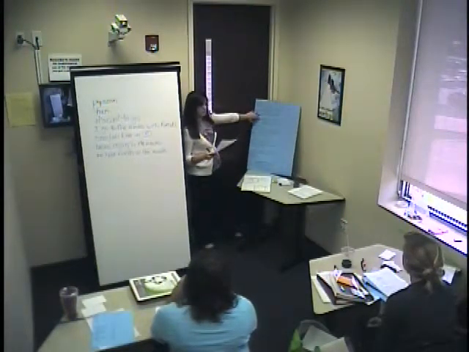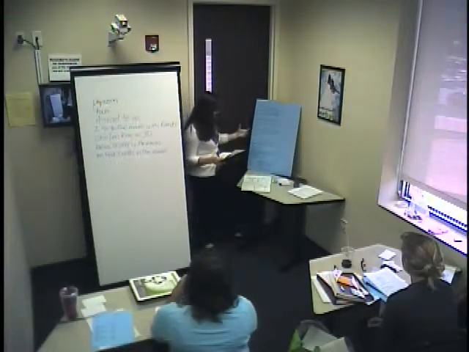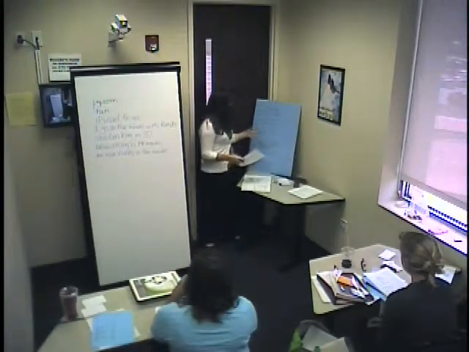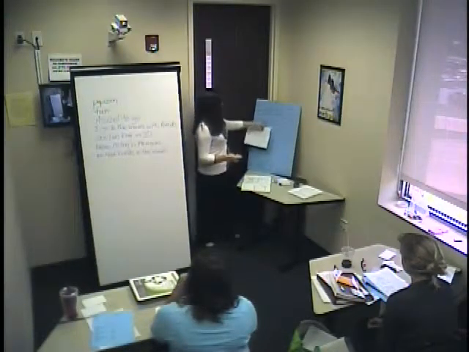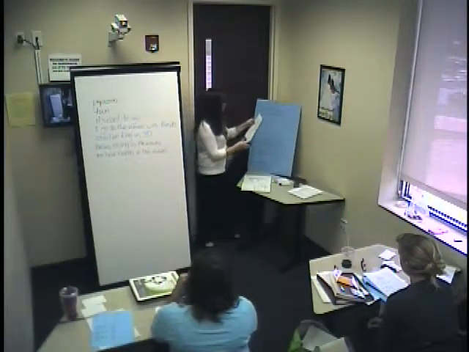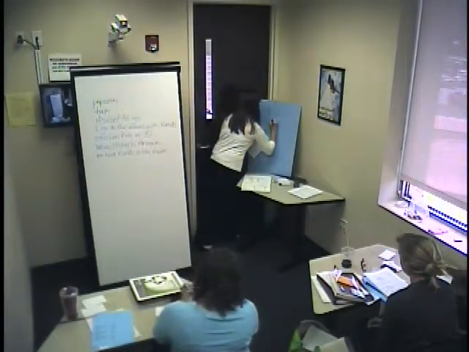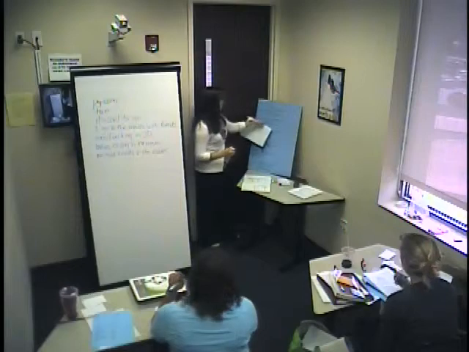Okay, so now that we know our clauses, we can move on to our second key term, which is simple sentences. These are the easiest type of sentences to read and to write because they're usually much shorter than some of the more complex sentences. The first point about simple sentences is that they're made up of one independent clause and no dependent clauses.